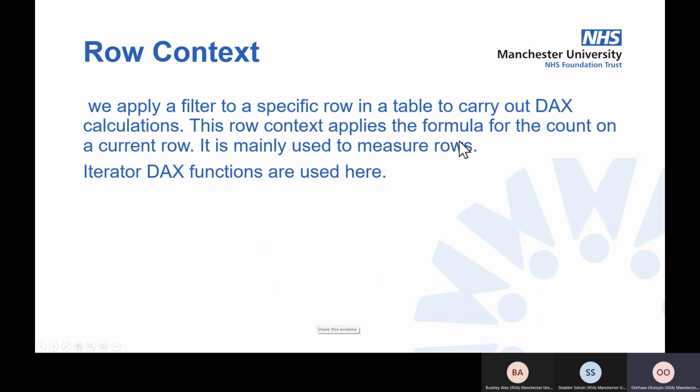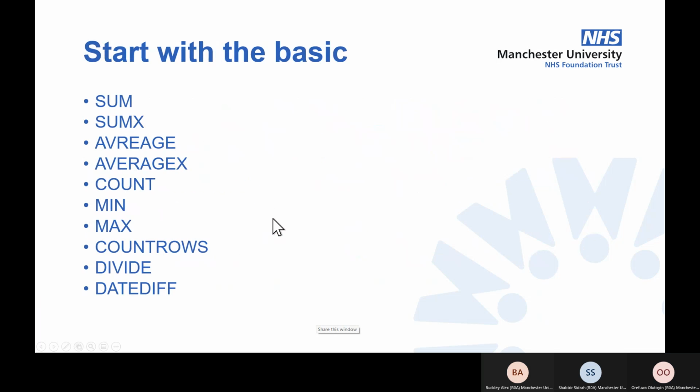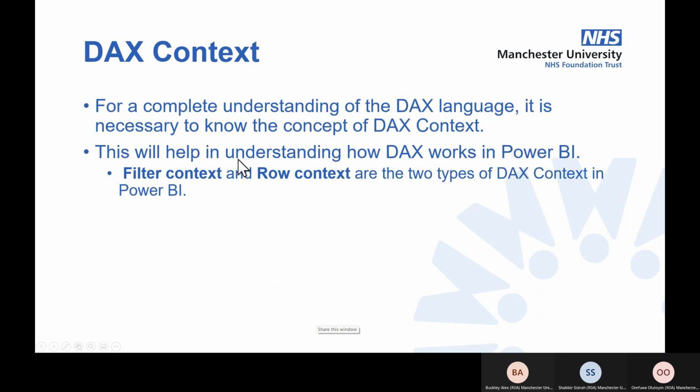This row context applies the formula for the count on the current row, which is what I just pointed out. So it's mainly used to measure rows, right? And iterator functions are used here. Iterator functions are functions like SUMX, AVERAGEX, MAXX, mostly they come with an X at the end of the normal usage, right? There are so many of them out there.